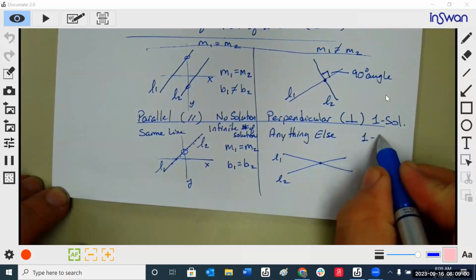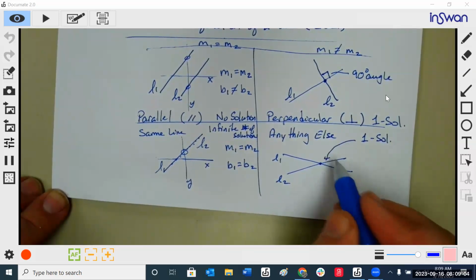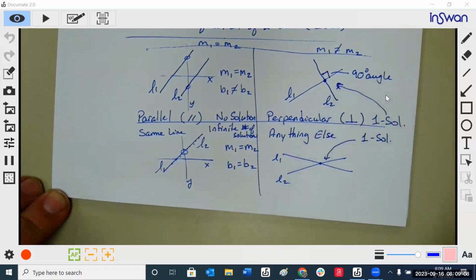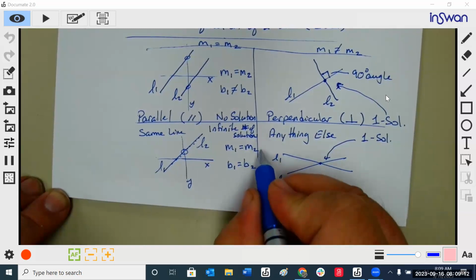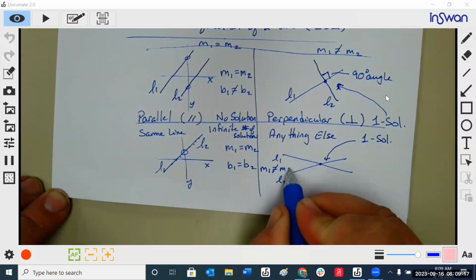They have one solution. So the only thing we know here is the slopes are not equal.